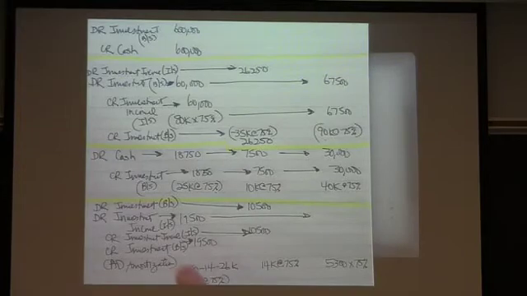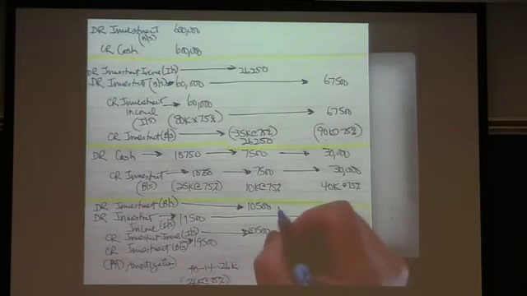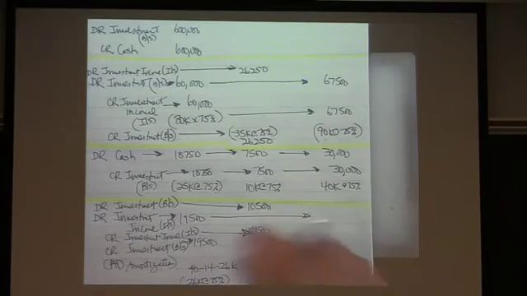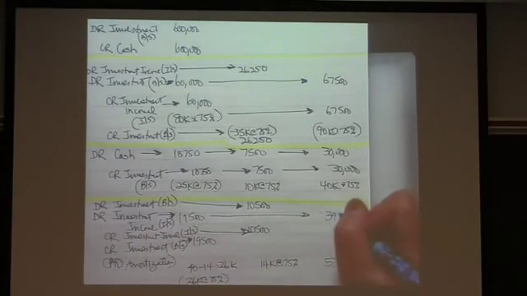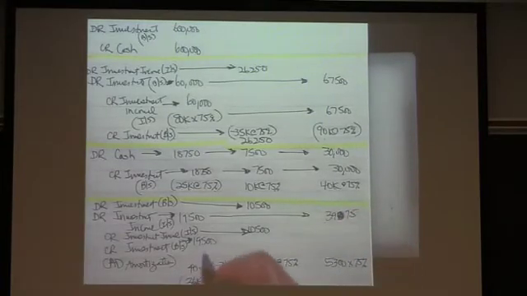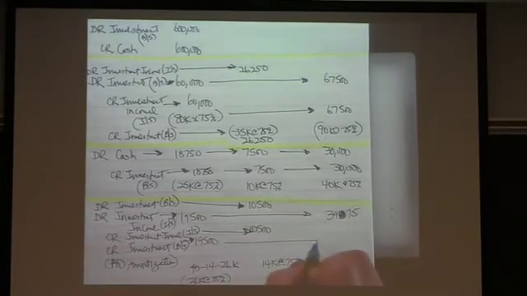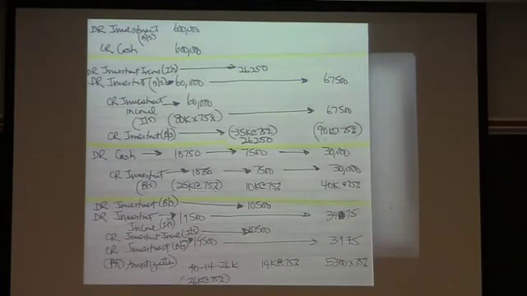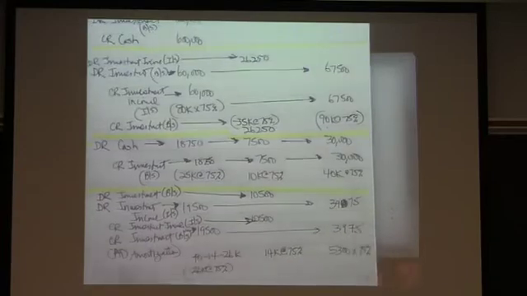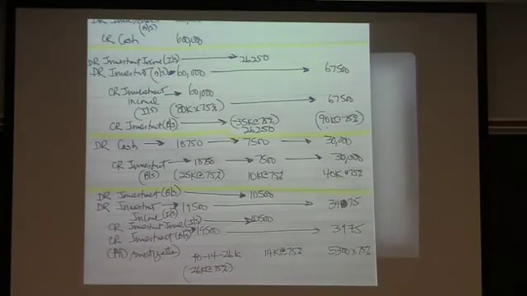No, debit investment income. I apologize. Yeah, debit investment income, 39.75. And credit the balance sheet, 39.75. So I hope that's clear on the screen, but that's essentially what that is. Okay?